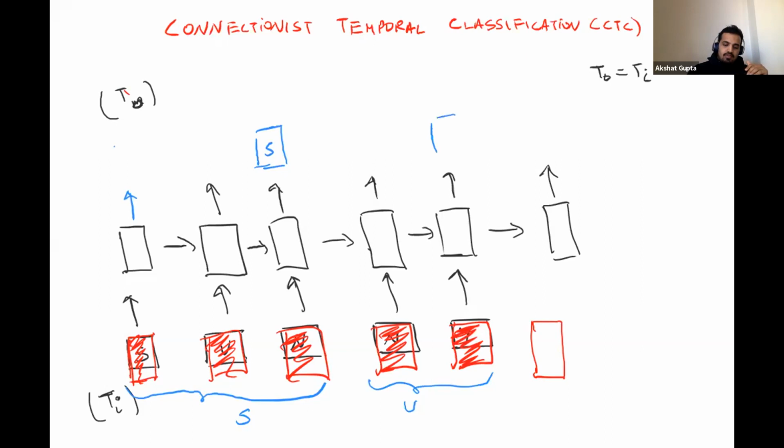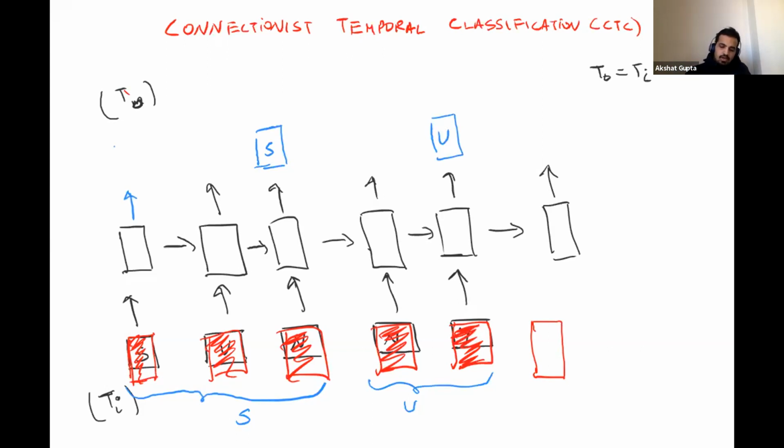And at the end of two more frames of speech, I've been able to say the sound corresponding to the letter U, and the letter U should come out, and so on. So this is kind of the next best scenario where we don't have one-to-one correspondence between input and output, but somebody has given us timing information.